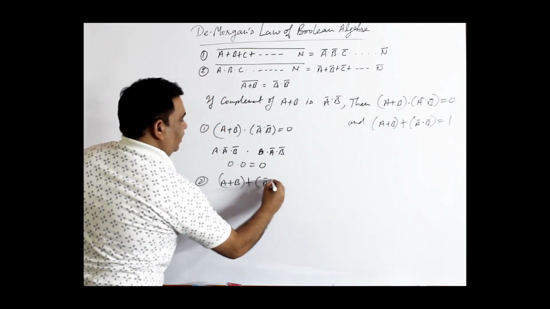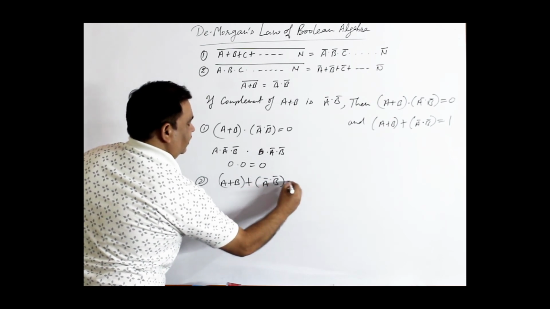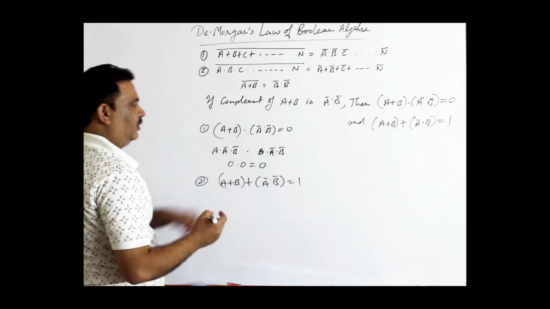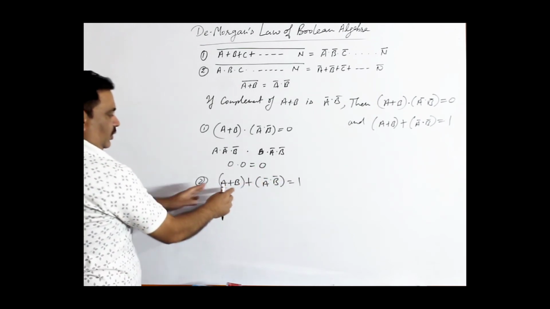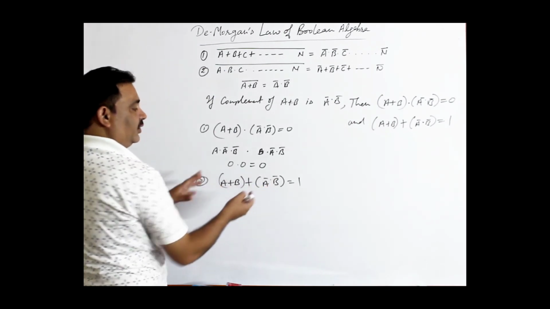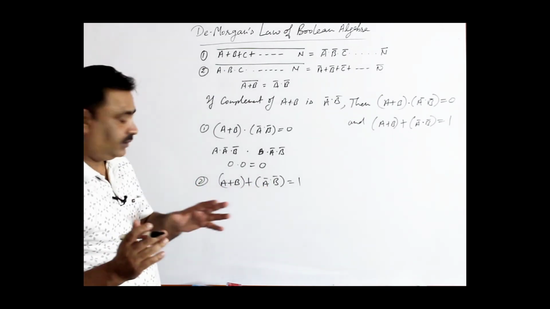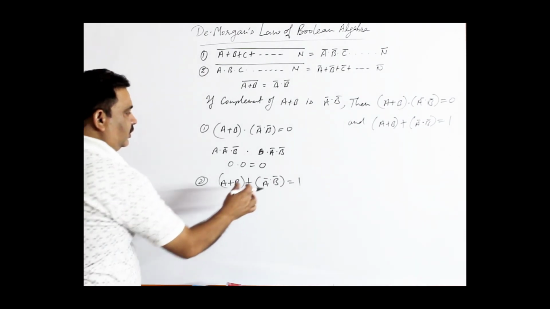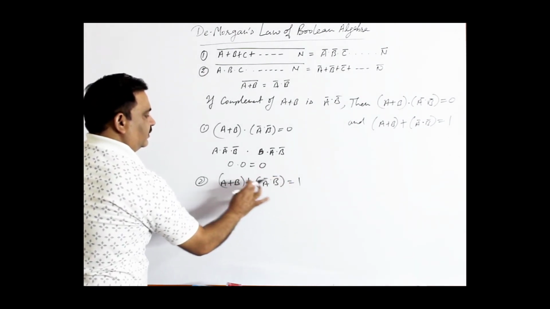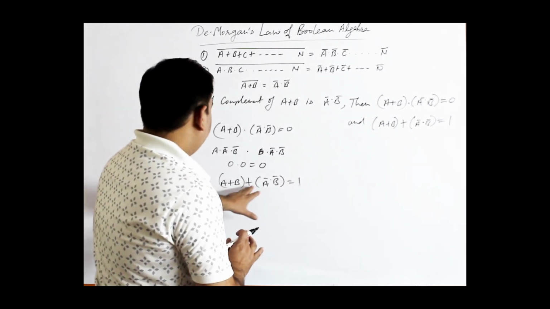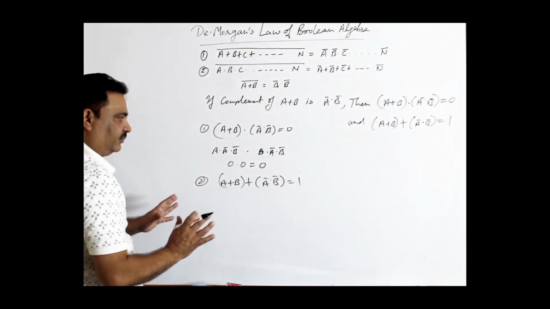Second one: A plus B plus A complement dot B complement equals 1. We have to prove whether this is equal to 1 or not. You can multiply, or you can apply the absorption law. Consider this as x plus y plus z, three terms.